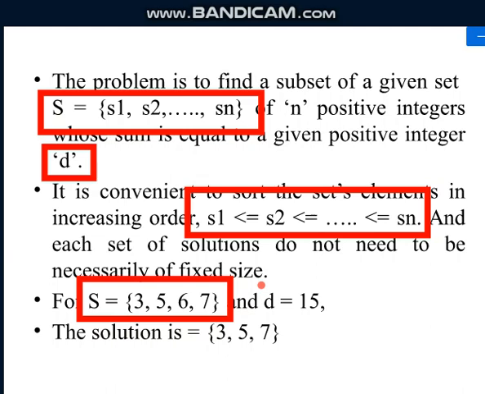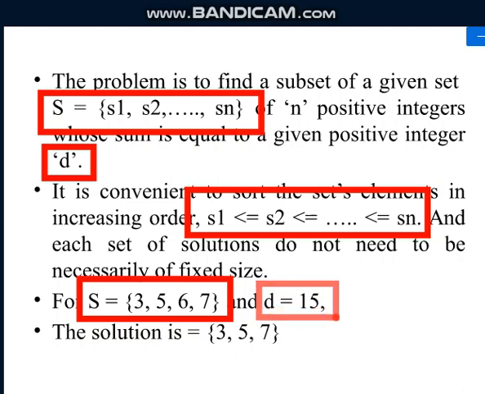So the solution set is what? 3 plus 5 plus 7. 7 plus 3 is 10, 10 plus 5 is 15. So that is the solution set. Any other solution you can get? No, you cannot get any other solution. There is only one single solution for this example.